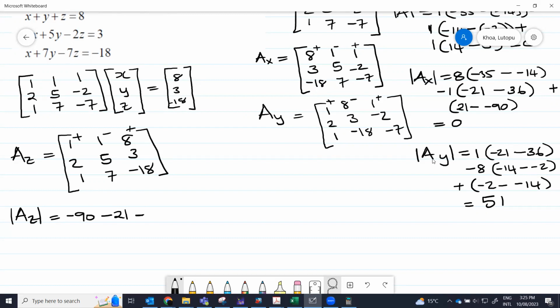Then the next one is negative because of that negative, so it's negative 1. The brackets can be there, but they're not really that important. Remove this row and that column, so this is negative 36 minus 3, and then we have 8 times 14 minus 5. So do this on your calculator.